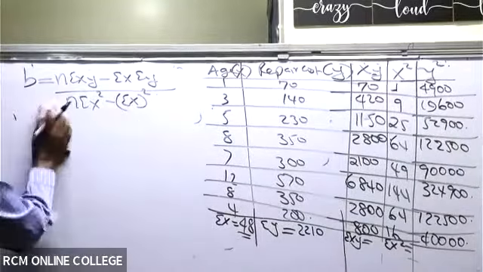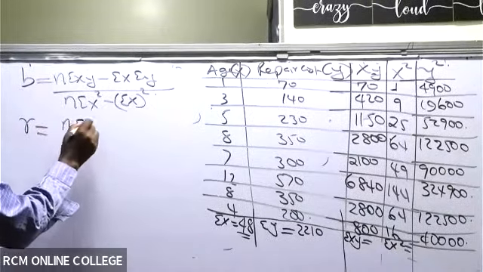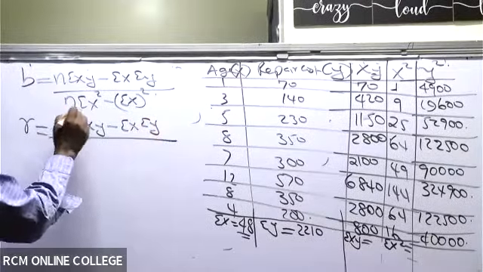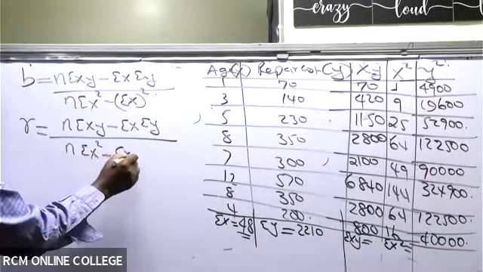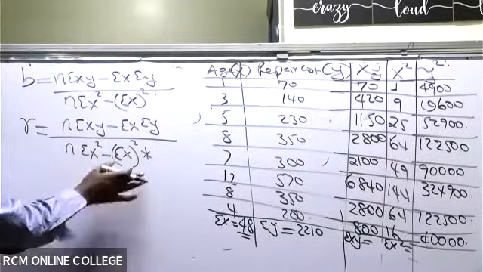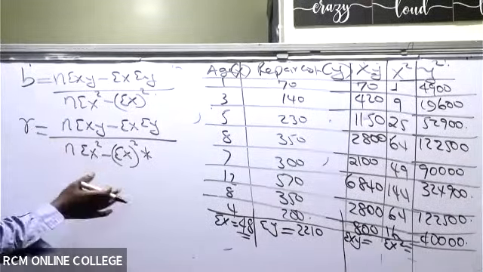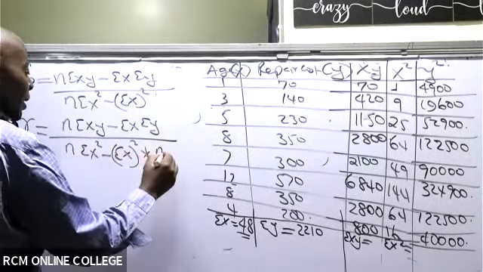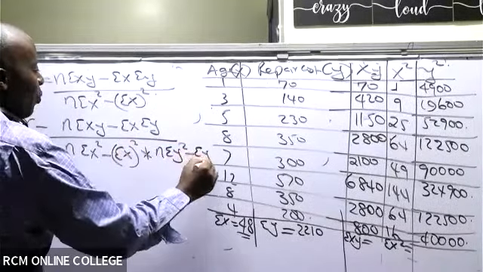To be able to get our r, this is normally what we do. The numerators will be the same: n summations of xy minus summation of x, summation of y, all over this: n summations of x squared minus summation of x squared, times the same style, but now we replace with y, because you are correlating two. So it becomes n summations of y squared minus, instead of sum of x, sum of y squared.